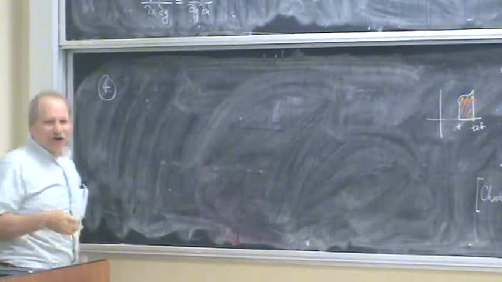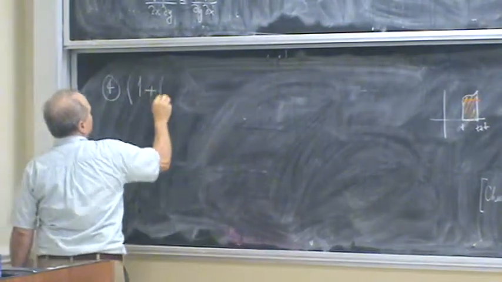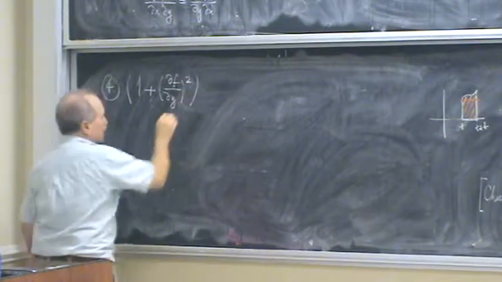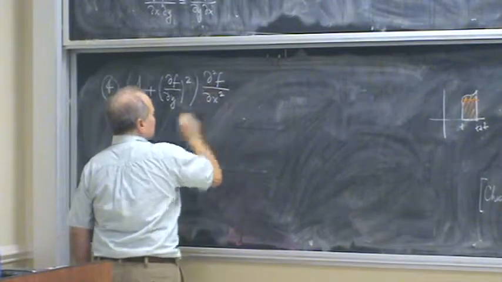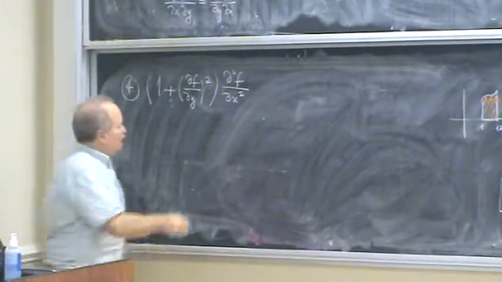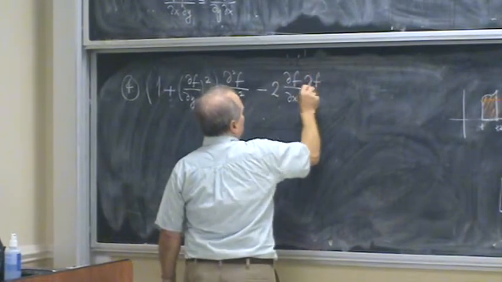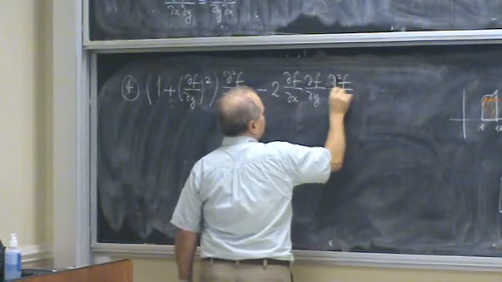On your mark, get set, scribble. This is actually in the book if you don't want to write this down. This example is in the book as well. 1 plus the partial with respect to y, quantity squared, times the second partial derivative with respect to x, minus twice the product of the first partials and then the second order mixed partial.